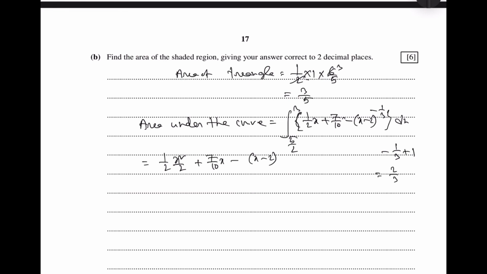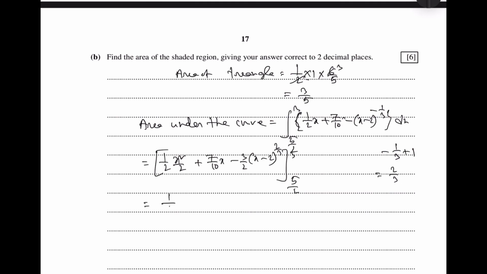Dividing by 2 by 3 is the same as multiplying by the reciprocal, 3 by 2. So this is the integrated part, with limits 5 by 2 to 3. First I will substitute 3, then 2.5, then do the calculations, and then I think we will get the answer.